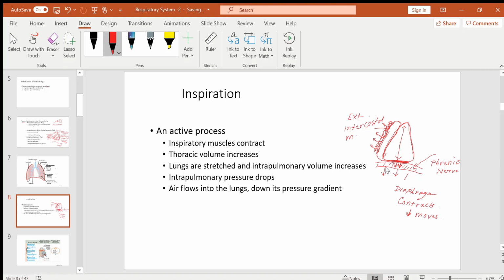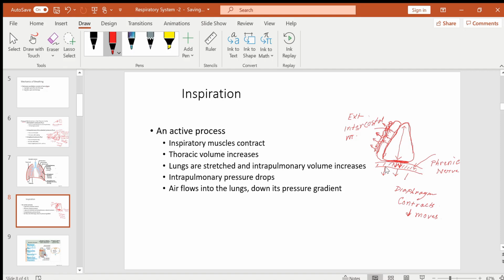So now you see, due to contraction of the diaphragm, the lung will expand vertically, and due to contraction of the external intercostal muscles, since the ribs will move forward, the lung will be pulled forward because the pleura is attached to the chest wall.